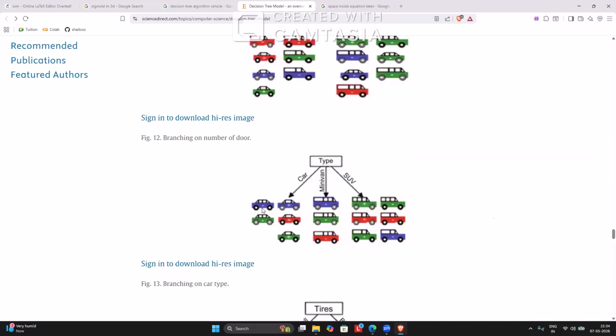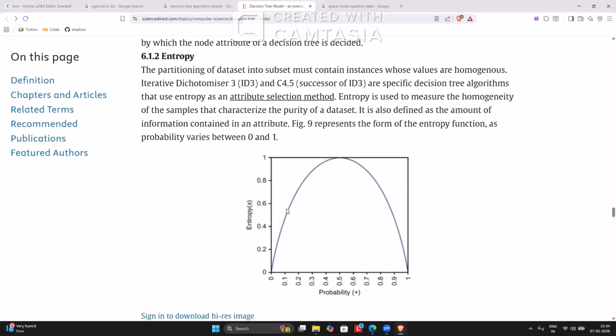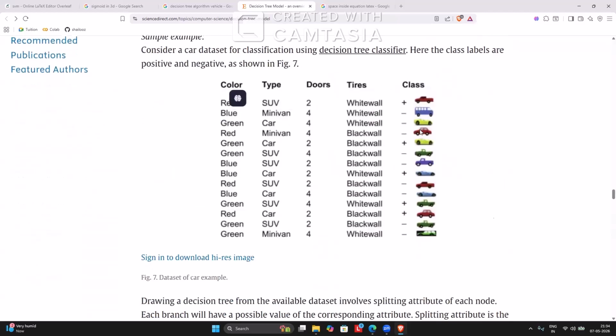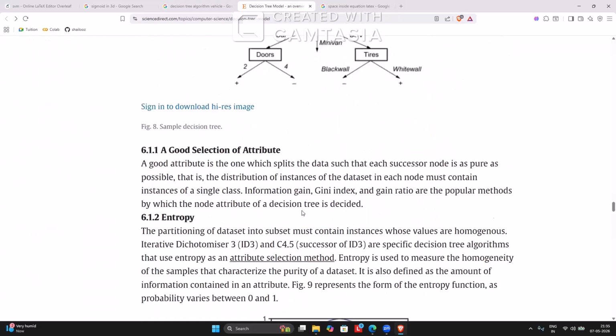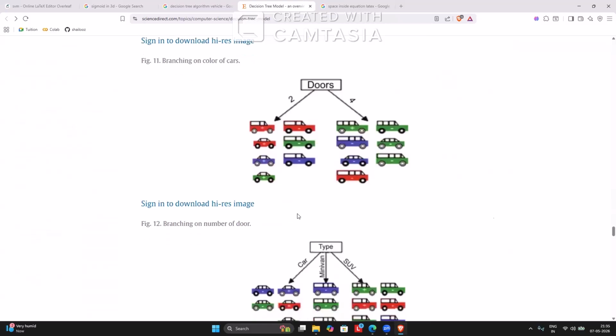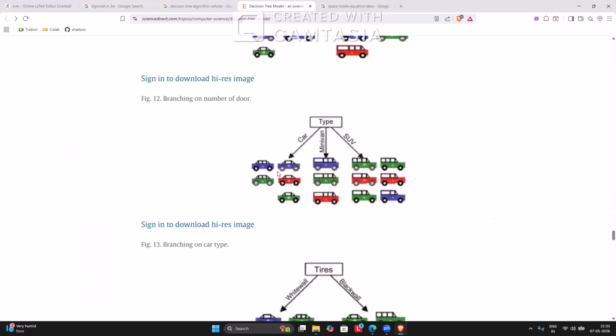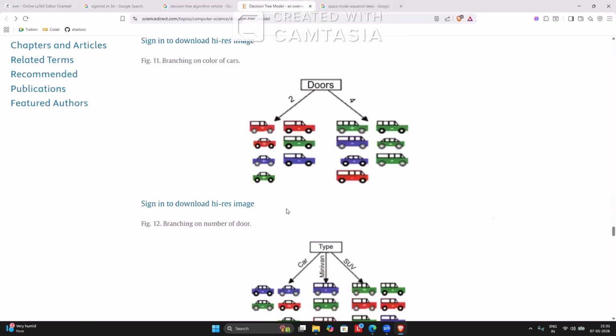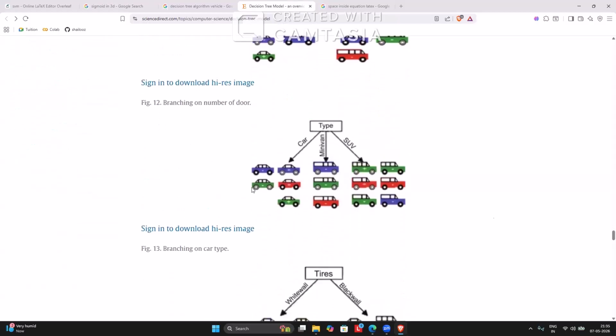And these cars are actually having how many doors? All of them are car or minivan, right? There are different numbers of doors, so it could be different. So we can consider doors or tires. Tires are different, doors are different, and color is also different, right?